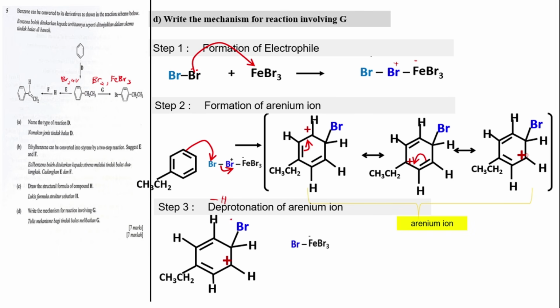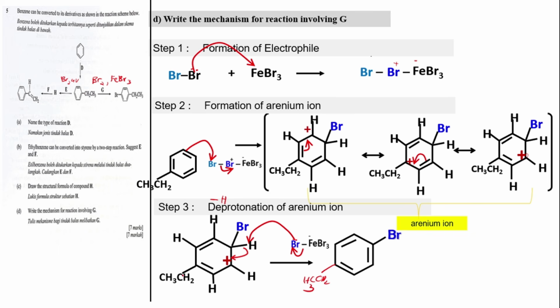I can choose this hydrogen here. Let's say I'm going to break the bond here from the complex. So the Br, which has a lone pair, will attack the hydrogen, and then this hydrogen will be removed, and it's going to form the double bond back. So as a result, I'm going to produce the Br with CH2 and CH3 here.